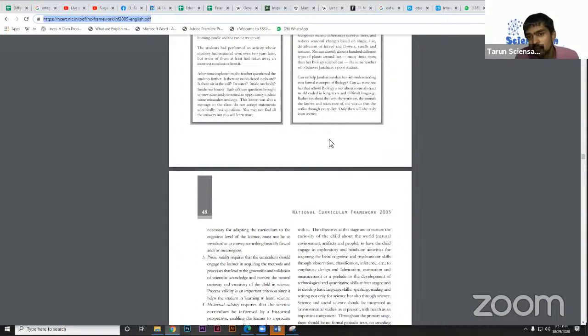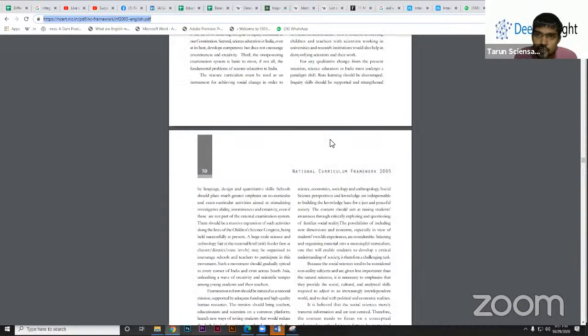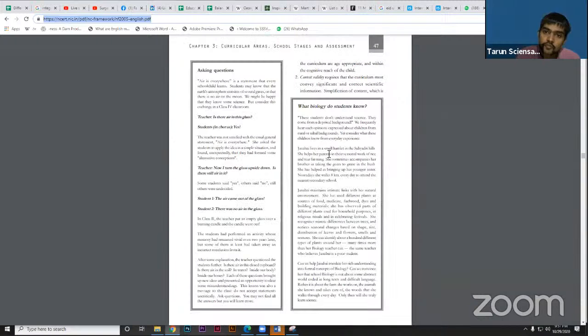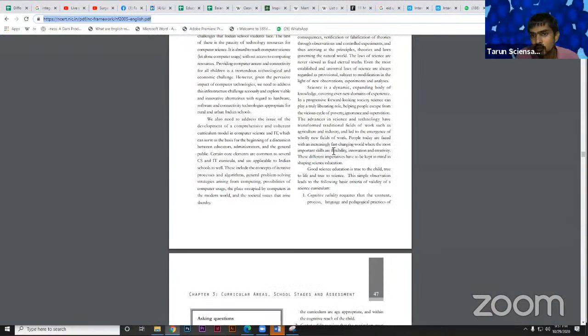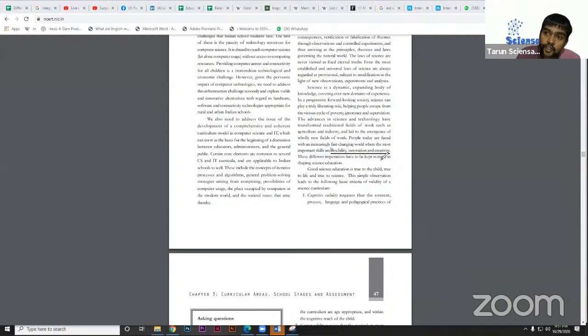So in the science curriculum, it said that we need to pay attention to certain objectives. That is, the world is changing very quickly. So the new skills which are required are flexibility, innovation, and creativity. So while we design science education, are we keeping this requirement in mind that we need individuals who are flexible, innovative, and creative?